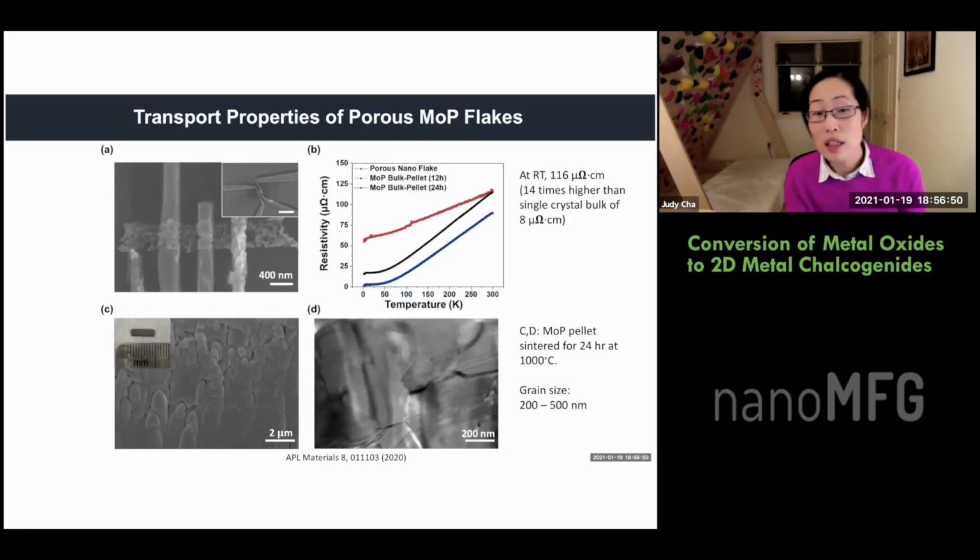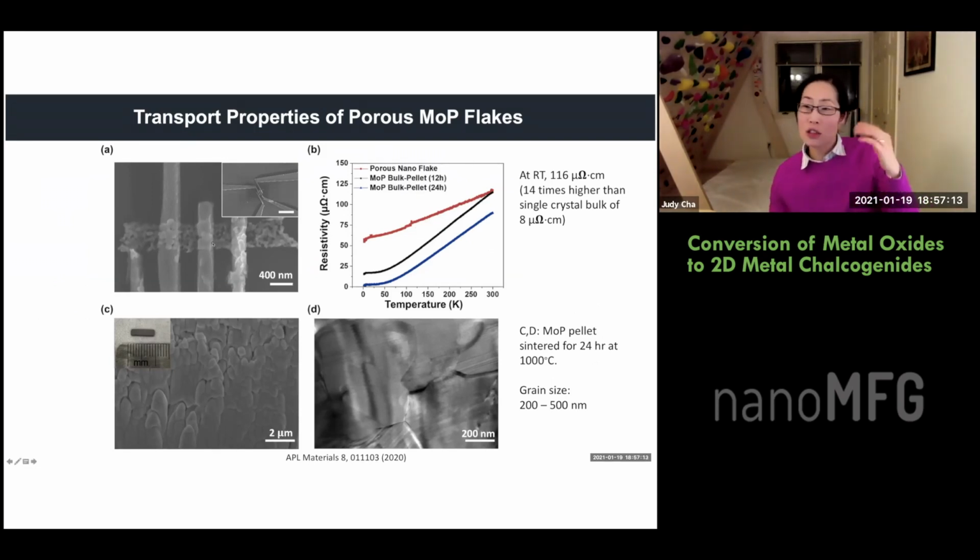So we made it into moly-phosphide nanowires. We also made it into these terrible, super porous moly-phosphide flakes. What surprised me about this device is that when we measure it, the residual resistance ratio, the triple R, is about 2.